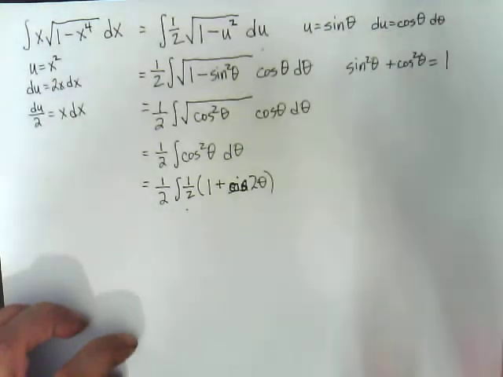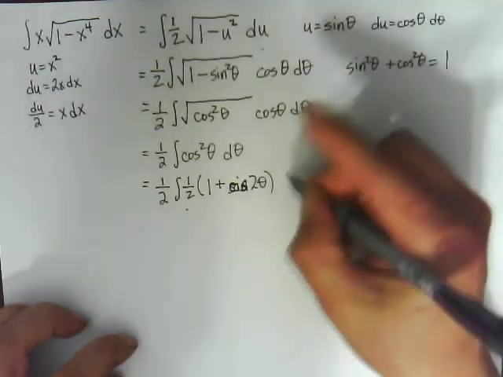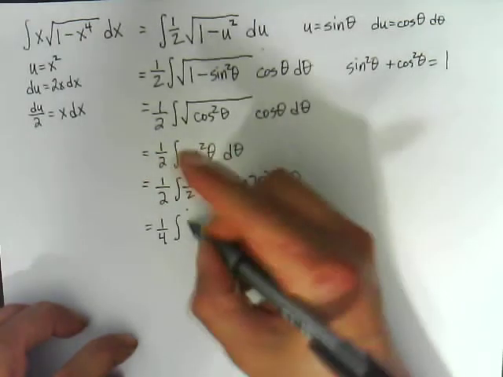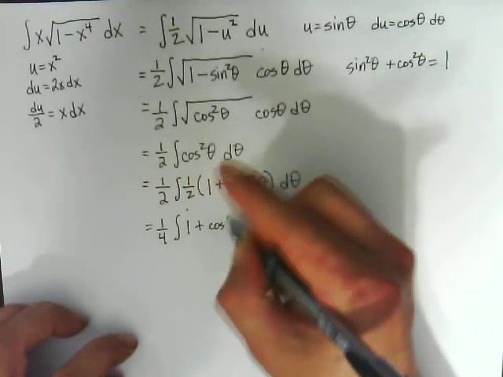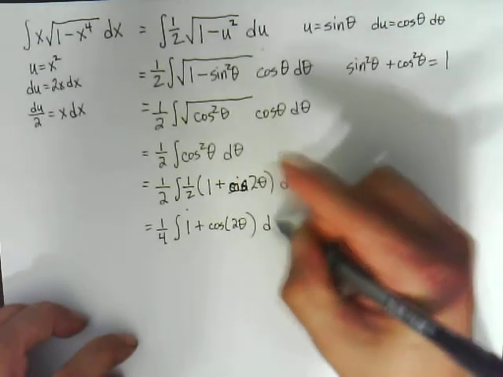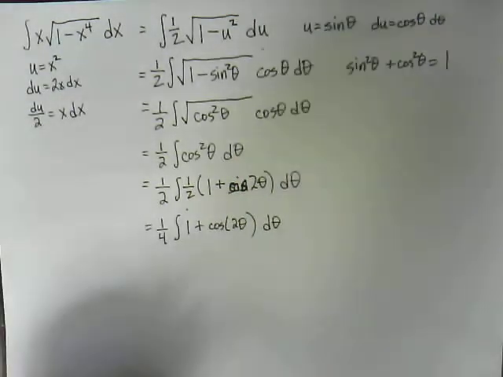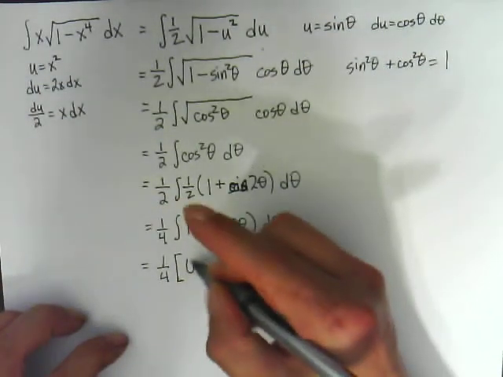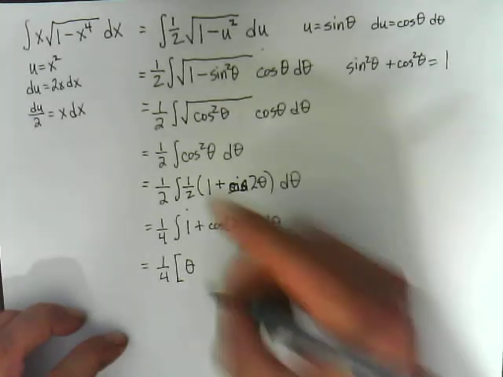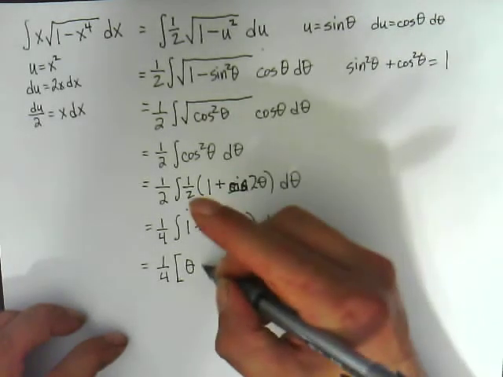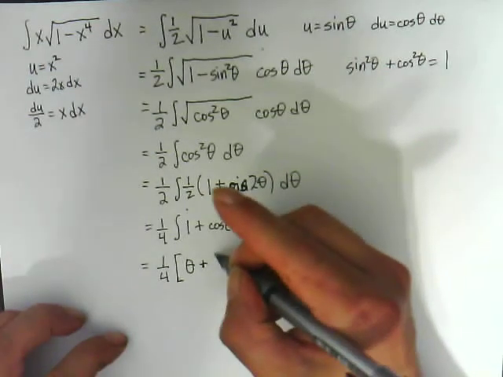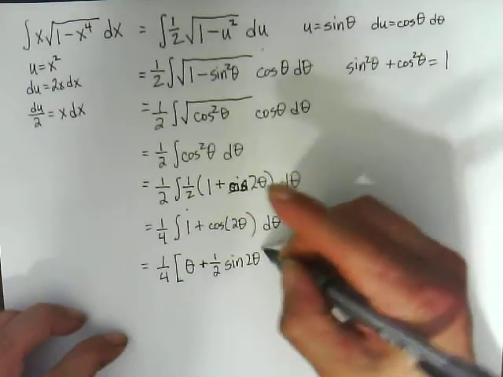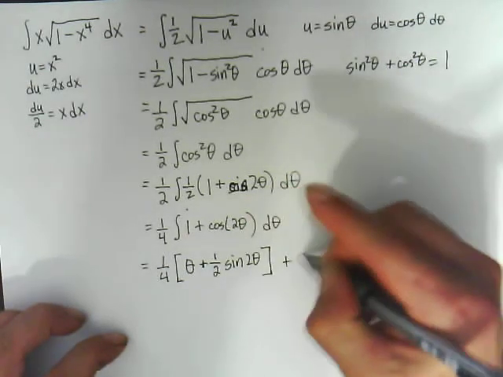And I just wrote that terribly. That's okay, because I'm going to rewrite it again when I multiply this 1 half out. So it's going to be 1/4 times the integral of 1 plus cosine 2 theta. And this part's pretty easy, because this is going to be 1/4 times theta, because the integral of 1 is theta, plus the integral of cosine 2 theta, which is 1 half sine 2 theta, plus a constant since we integrated.